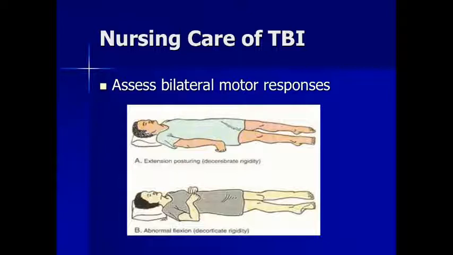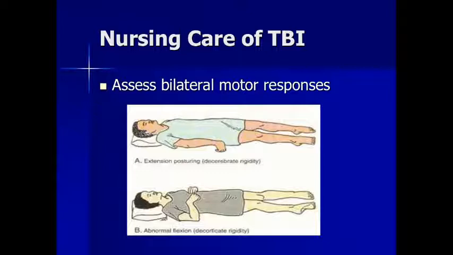And then you'll see that the upper arms from the elbows up are flexed toward the cord. And I always like to say decorticate, remember, towards the cord. Those upper extremities come up and towards you. So that's one way to help you differentiate between decerebrate and decorticate posturing.